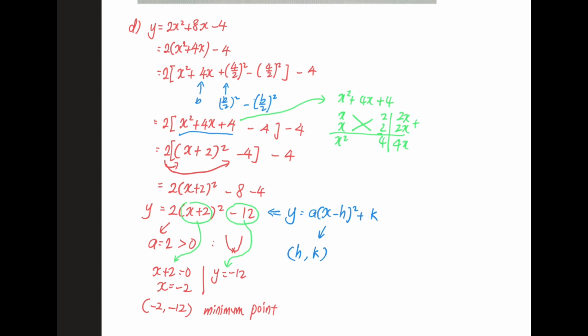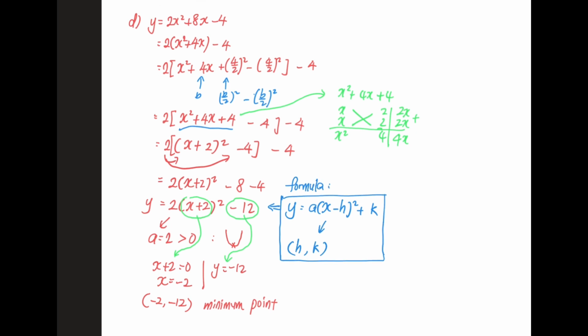So this is the formula for completing the square and the turning point. We are using this formula to find the minimum point at the end.